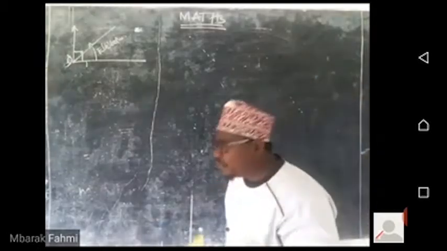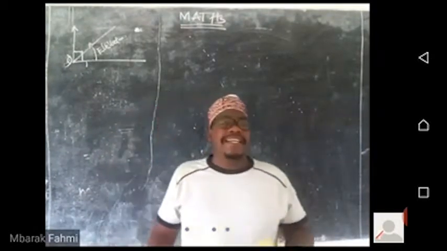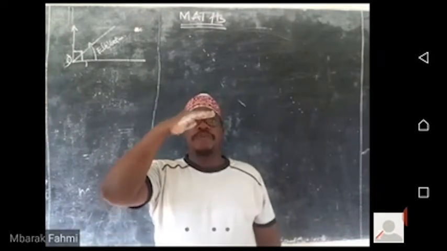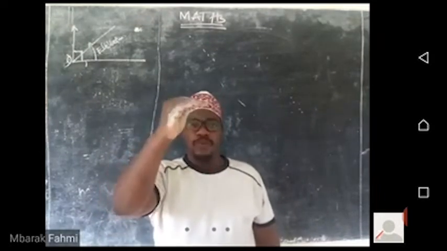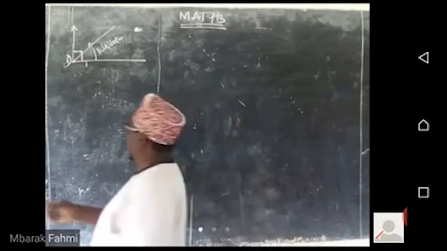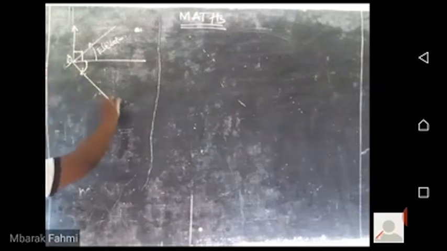Okay, so when you are tilting your head downwards, you are making an angle of depression. From this horizontal line, when you tilt downwards, you make an angle of depression.